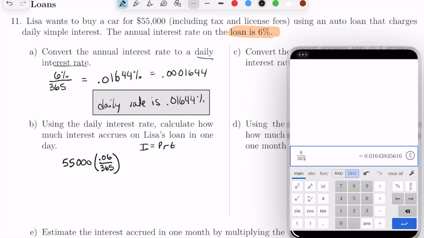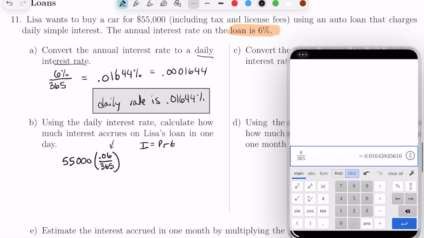I'm not going to use the rounded number I already calculated in A. I'm going to use the exact number. And then our time is one day. So we'll take 55,000 times 0.06 divided by 365, and then times 1. You don't really need the 1, but it gets us the amount of interest for one day. This will be $9.04 per day when we round to the nearest penny.